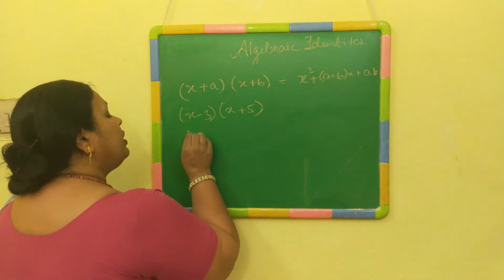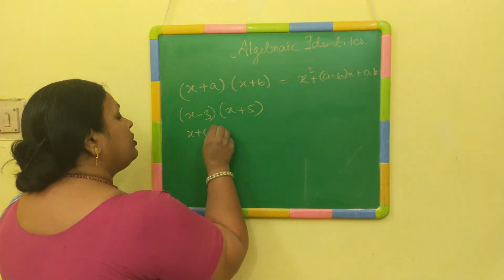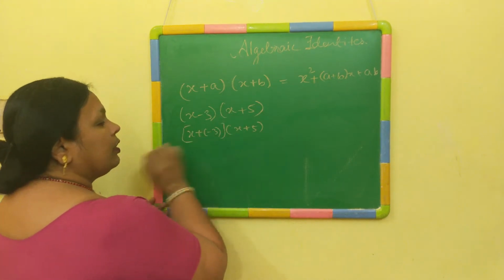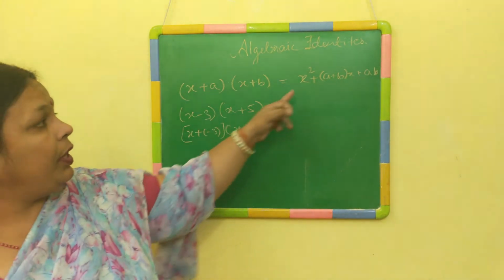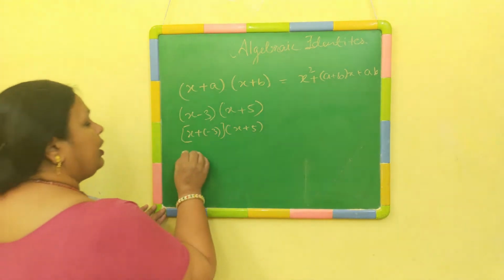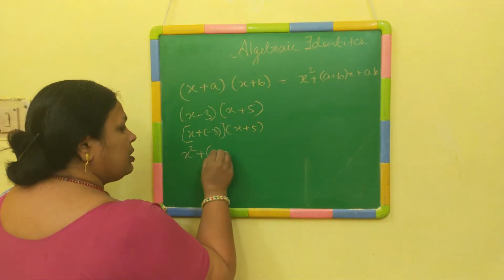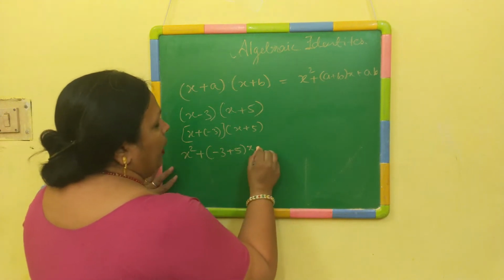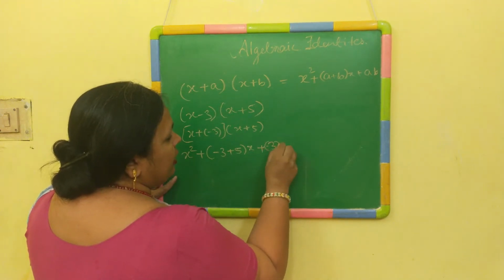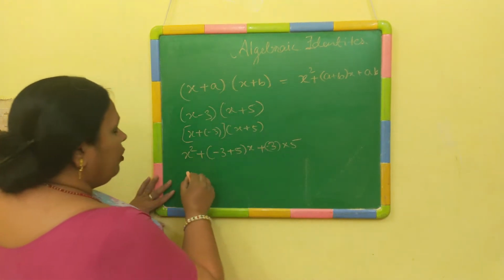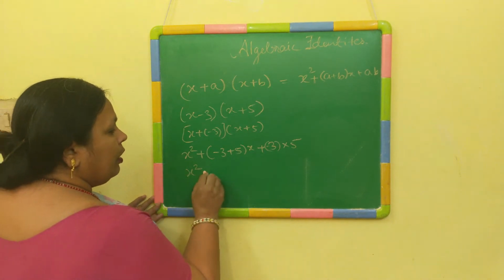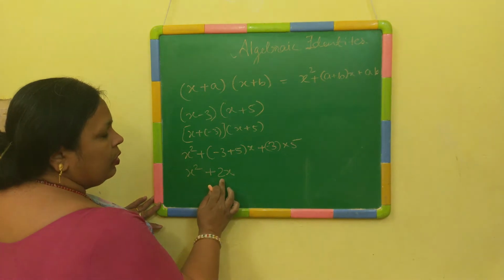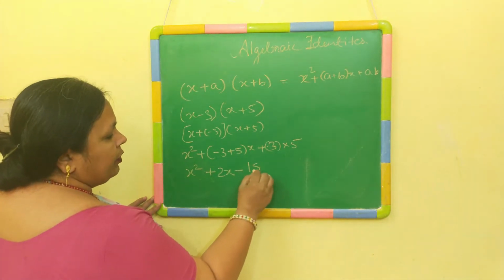This can also be written as (x plus of minus 3) and (x plus 5). Clear? We will be writing it in this form, that is x square plus (minus 3 plus 5)x plus minus 3 into 5, which will be x square plus 2x minus 15.